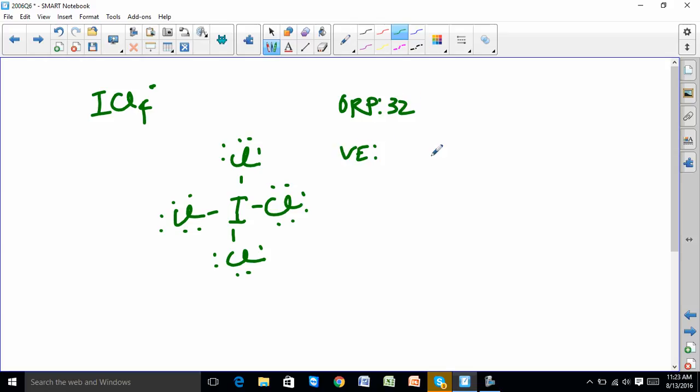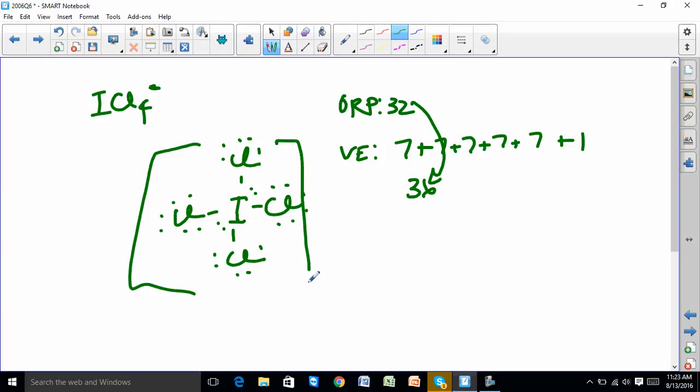VE in this case is 7 plus 7 plus 7 plus 7 plus 7 plus 1 because of the negative charge, and 35 plus 1 is 36. So we have a difference of 4, and we have to add 4 dots on the central atom. This is an ion, so I'm going to put minus 1. This is an AB4E2, which you remember is called square planar.